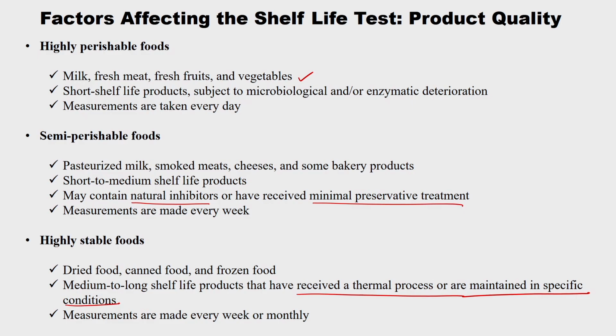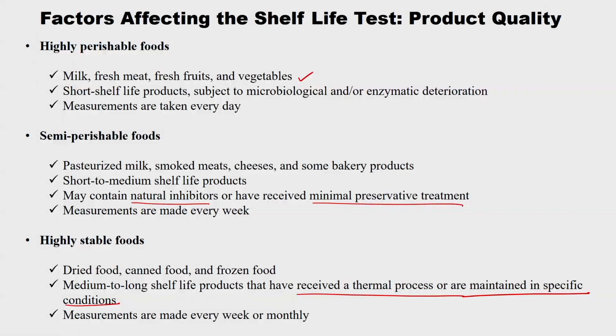So, after sterilization, even the sterilized milk, we have seen UHT milk and all, that can stay up to 6 months, right, even in ambient conditions. So, they are medium to long shelf life products and they have received a proper thermal process or are maintained in specific conditions. The measurements have to be taken every week or sometimes on a monthly basis as well.